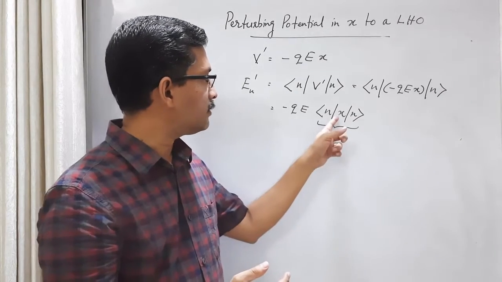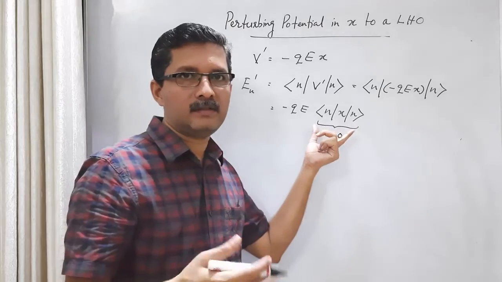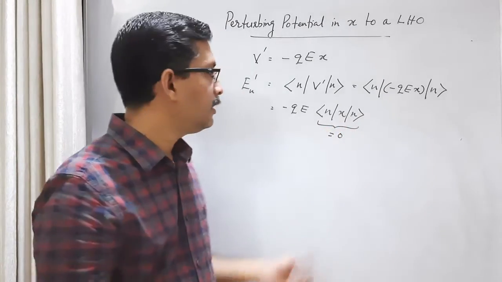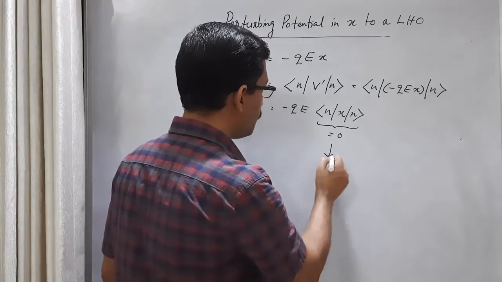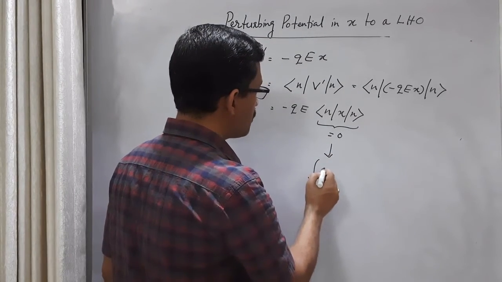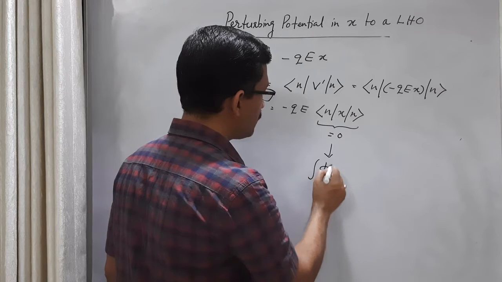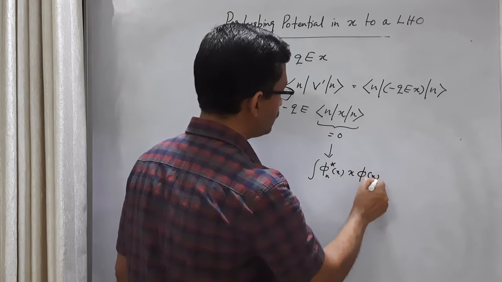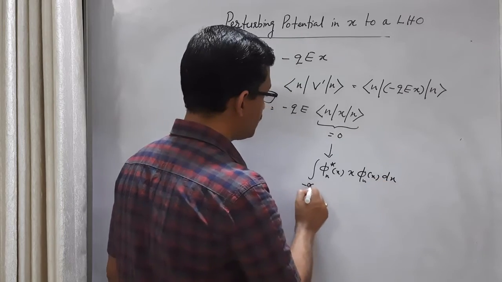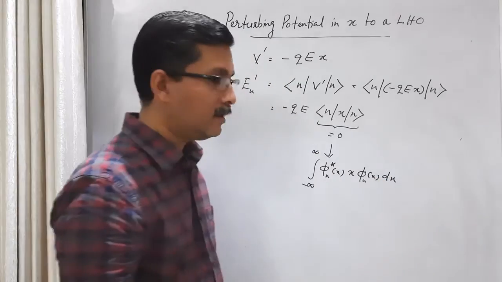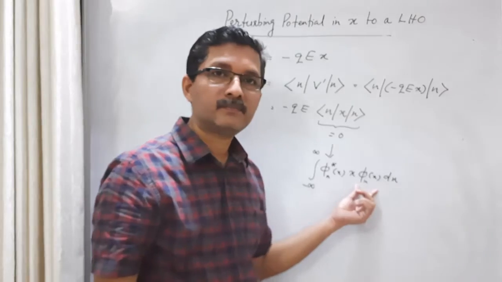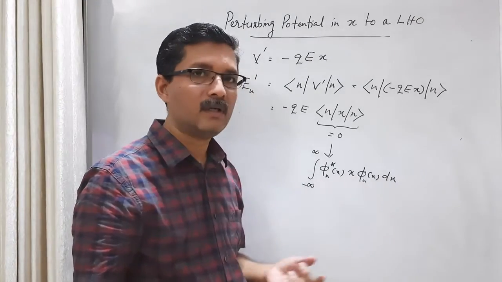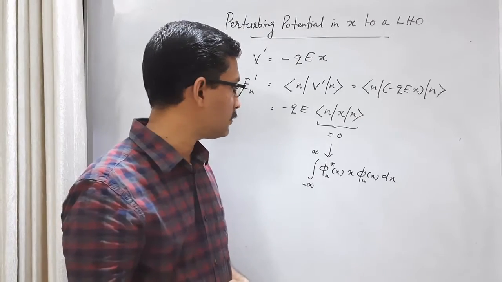One is that if we write this in terms of coordinate representation, this is an integral of the form ∫φ_n*(x) x φ_n(x) dx integrated from minus infinity to plus infinity. These are the nth eigenstates of the unperturbed linear harmonic oscillator.